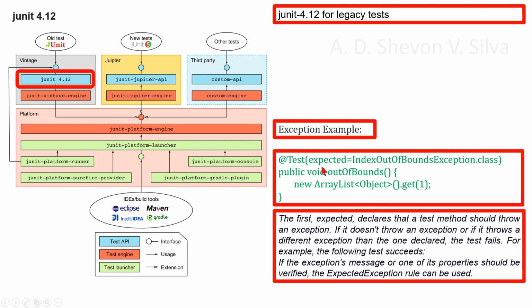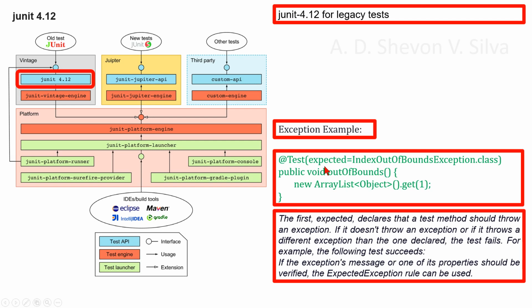Using the parameter expected for exception testing comes with some limitations. Only the exception's type can be checked, and it is not possible to precisely specify the code that throws the exception. Therefore, JUnit 4 has improved its support for exception testing with assertThrows(Class, ThrowingRunnable) and the ExpectedException rule.